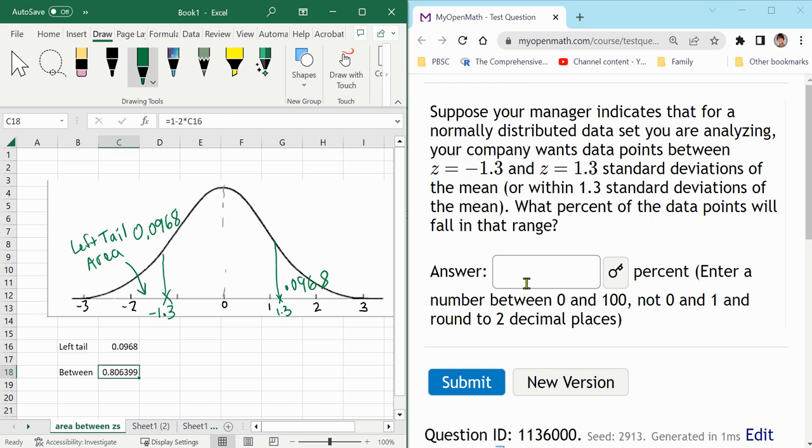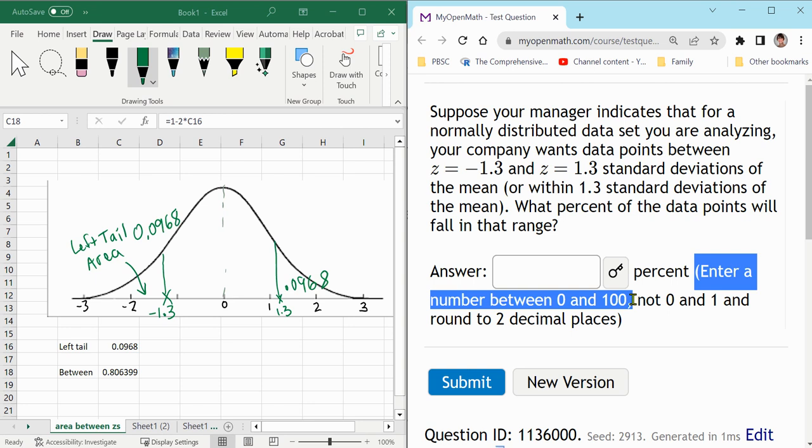And then we are asked to give it as a percent. So we can multiply this by 100 or just move the decimal place 2 places to the right. And then we want to follow the recommendations here. Enter a number between 0 and 100, not 0 and 1.